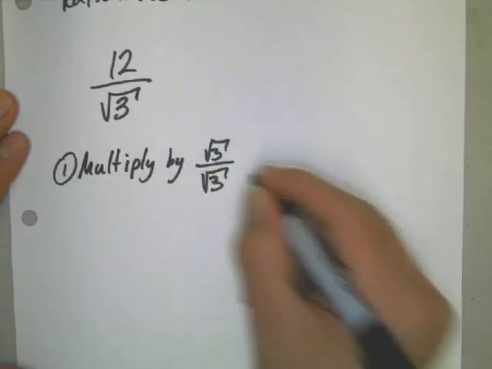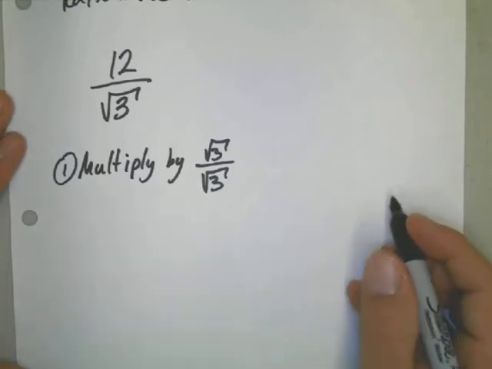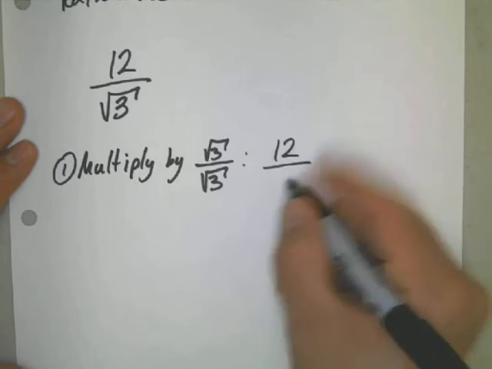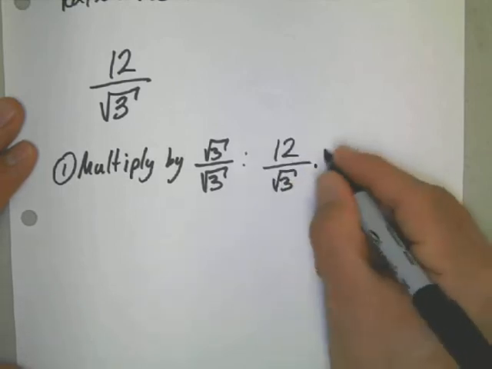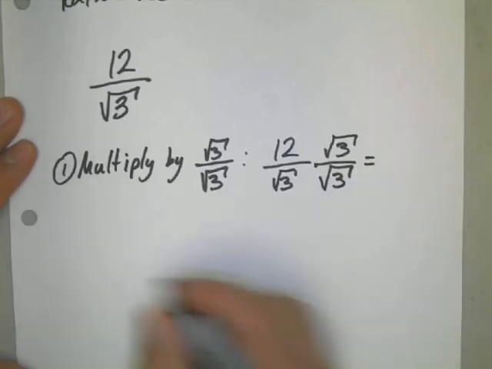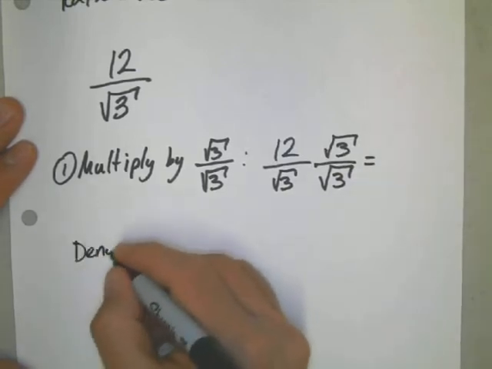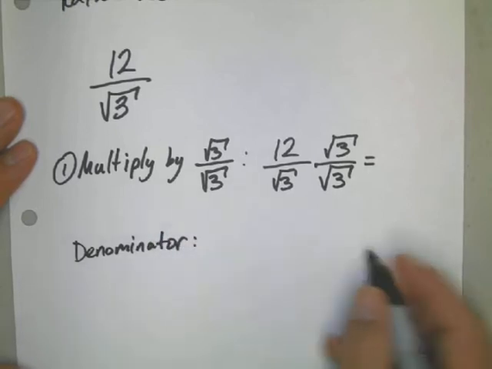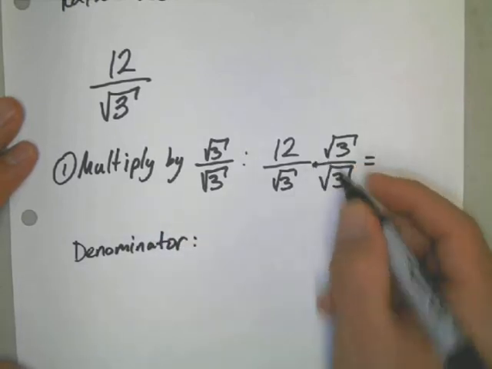So, just like the first step, we're going to multiply the top and bottom by the square root of 3 over the square root of 3. And again, we're going to work with the denominator.